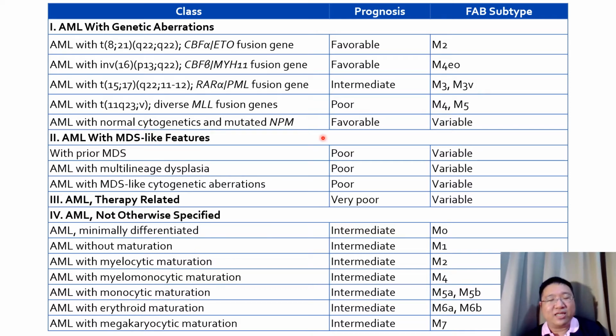Just get the general principle of these. Don't have to memorize everything because it's too much for you. So the new WHO classification will divide AML into with genetic aberrations, with MDS-like features, therapy related, and not otherwise specified.